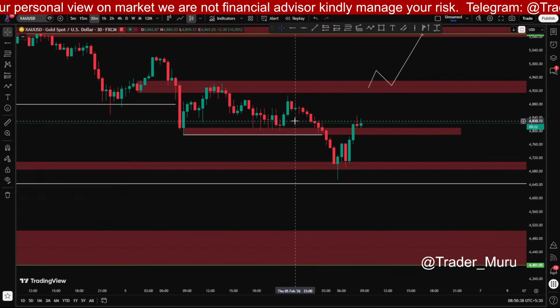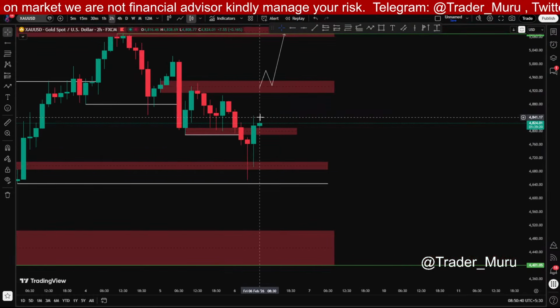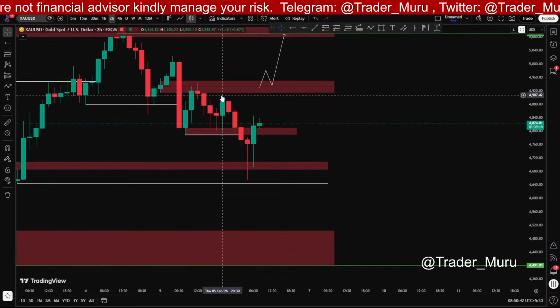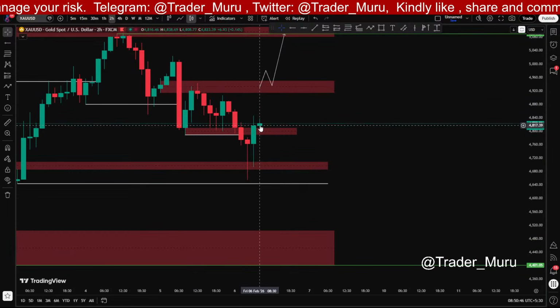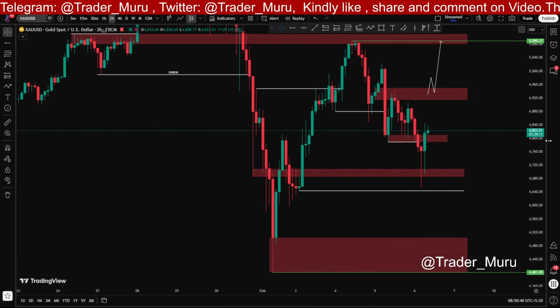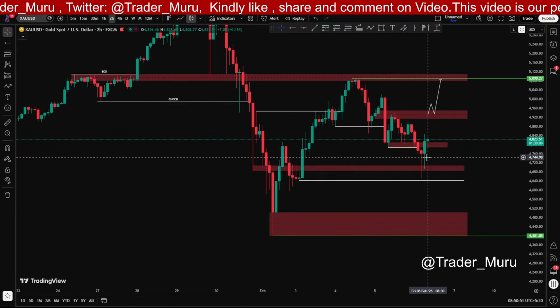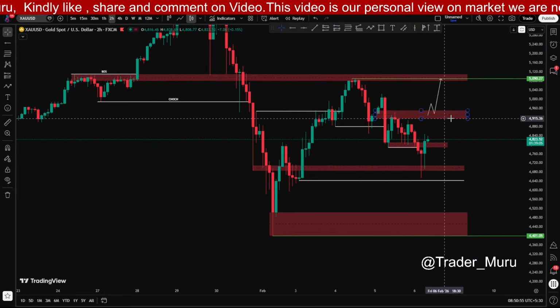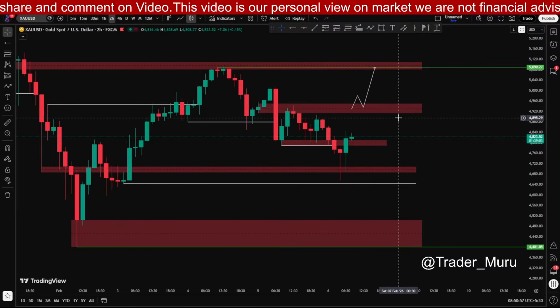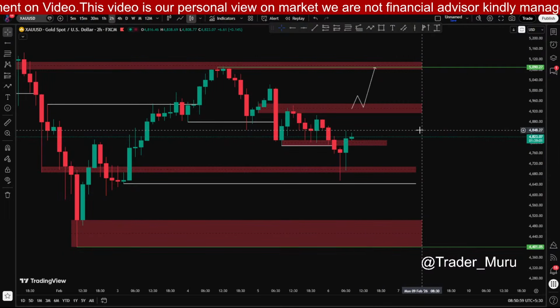Another thing is this is the big supply here, so price is not likely to go above and it will drop. We have a morning star here, so it will test here, go upside again, do some consolidation here and then it can drop.